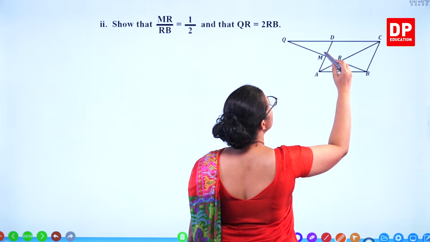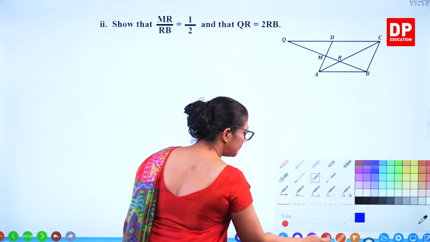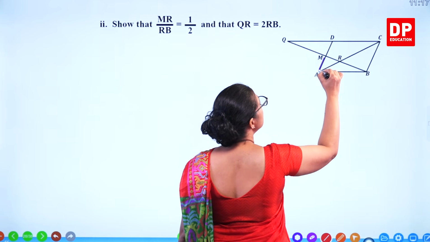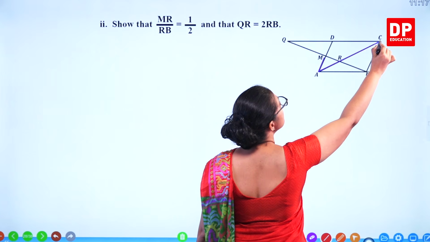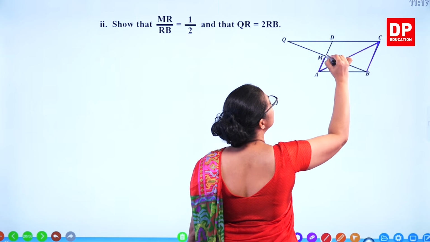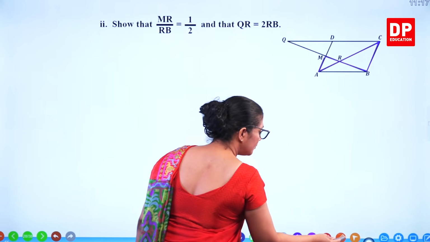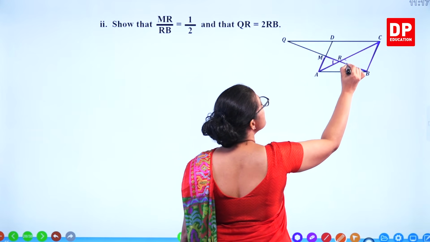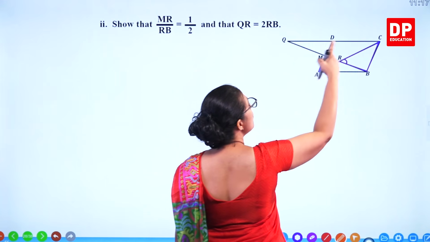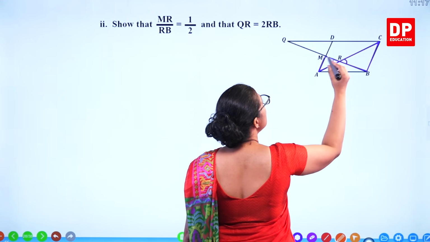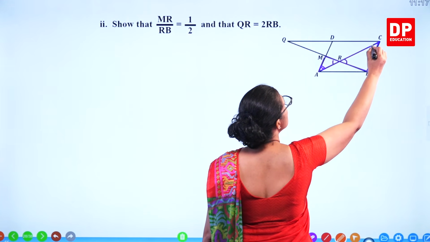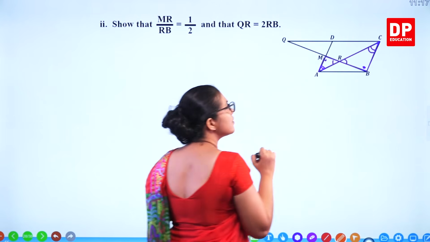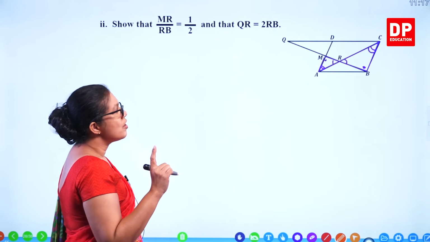Now when you take this triangle, look at these two triangles. This angle is equal to this angle. Now we know these two lines are parallel. So this angle is equal to this one. And this angle is equal to this one. So what can you say about these two triangles?